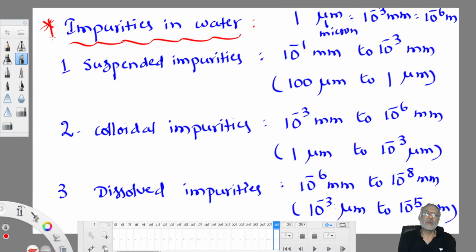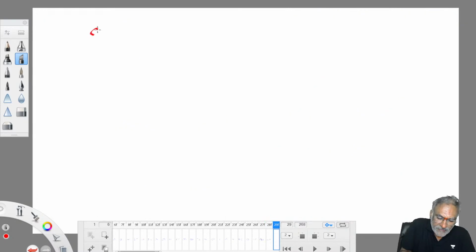Therefore, we try to find out three water qualities: physical water quality, chemical water quality and biological water quality. Physical water quality is to find out visible impurities, right? Colloidal and dissolved impurities are invisible, they are called micro. Suspended impurities are also known as macro impurities.